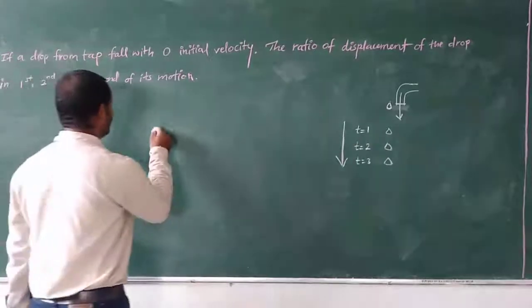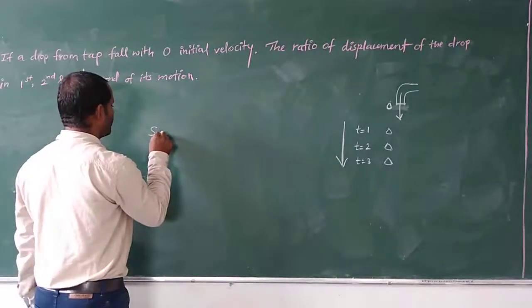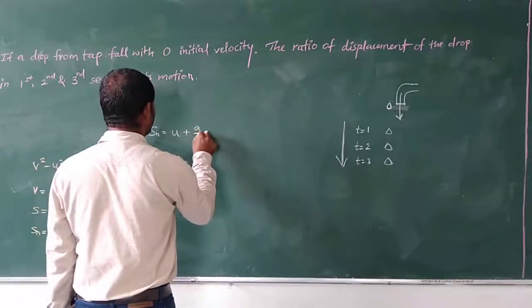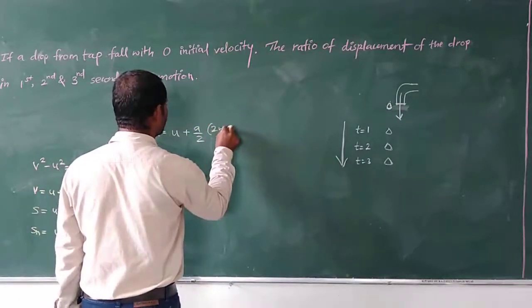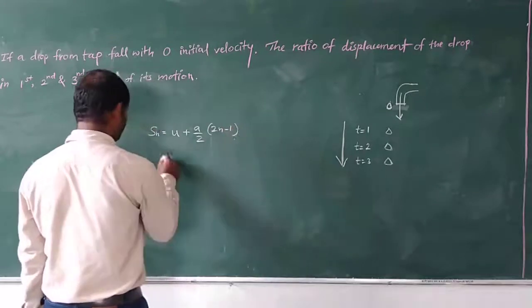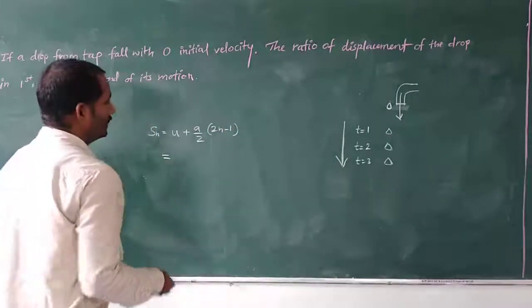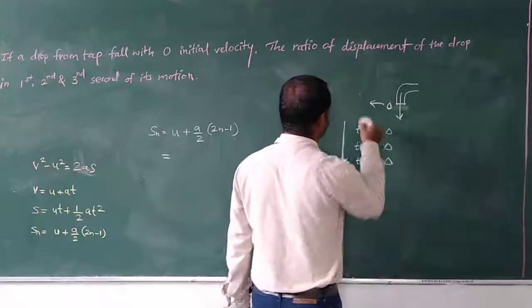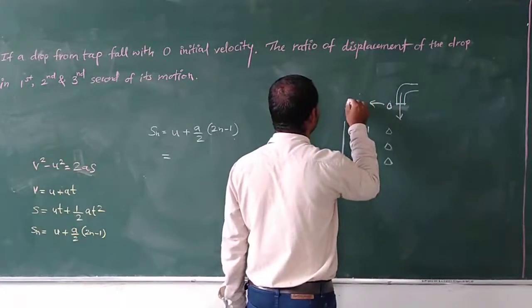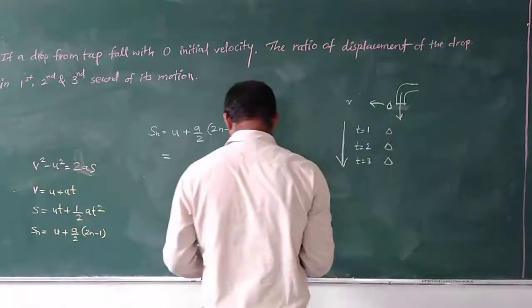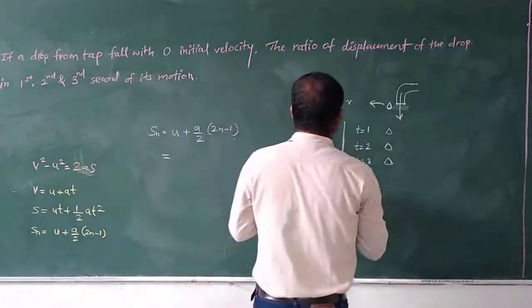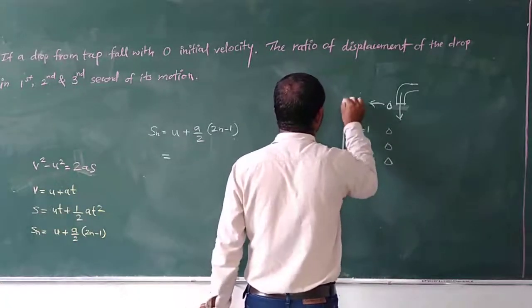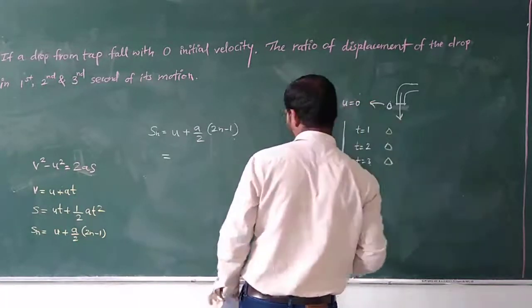आताच आपण यूज केलेला फॉर्म्युला परत बघूया. Sn is equal to u plus a by 2 into (2n minus 1). The initial velocity or initial speed of the drop is 0, so u is equal to 0.